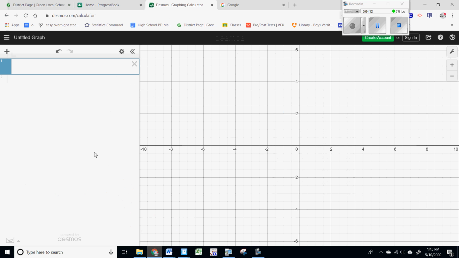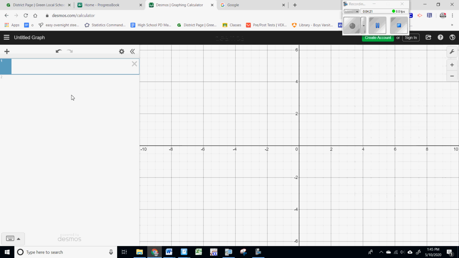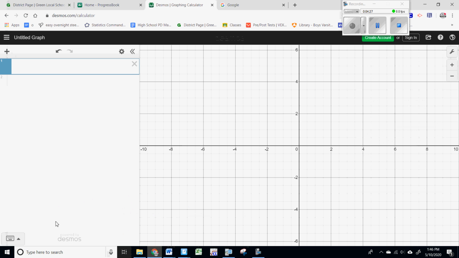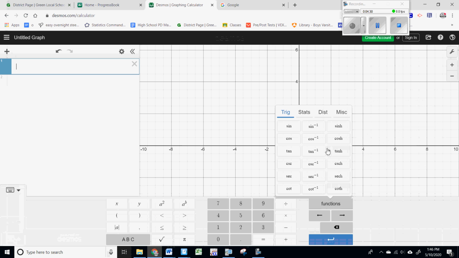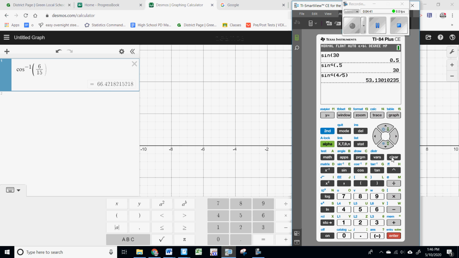Now if you're using Desmos or any calculator, you want to make sure on Desmos, it's up here with the settings, that you are in degrees. That's always important that you're in degrees. So I'm going to go here, function, inverse cosine of 6 divided by 15, and I get 66.422, which is the same thing if I do it on the calculator, inverse cosine of 6 divided by 15, 66.422.